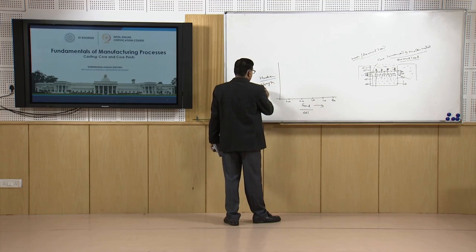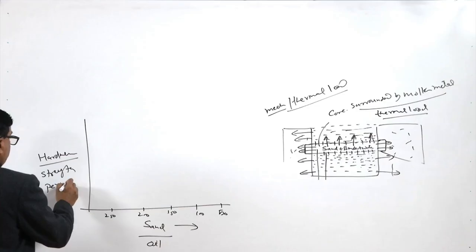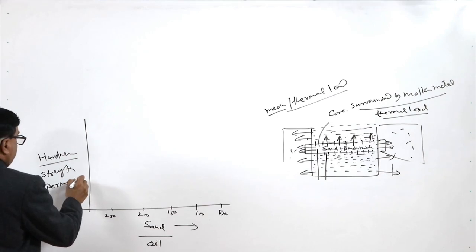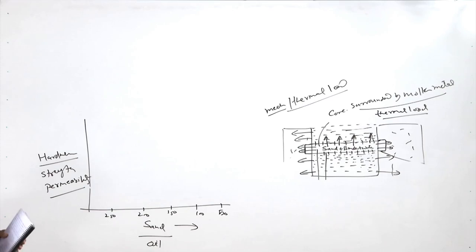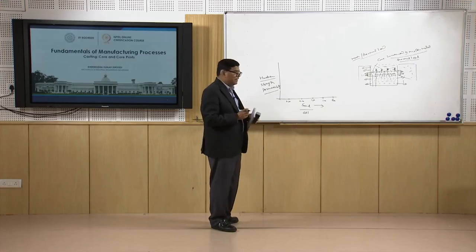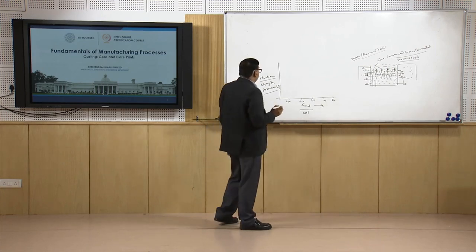So, how will these three change: hardness, strength and permeability. As we can see, with the increasing content of the binder, the binder holds the sand grains together firmly and reduces the pores between them.